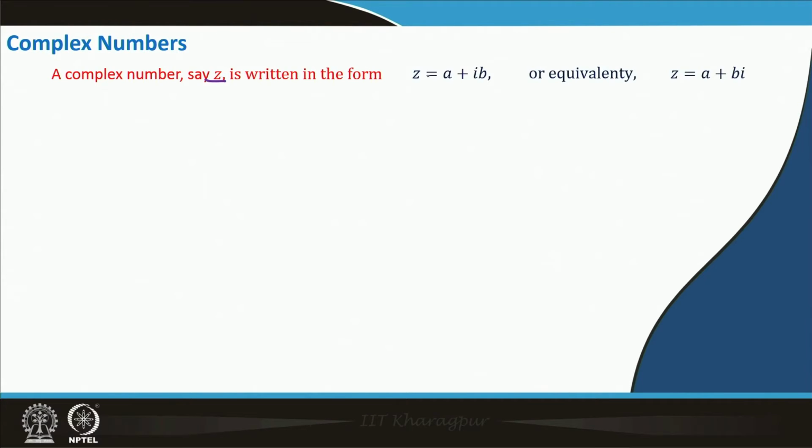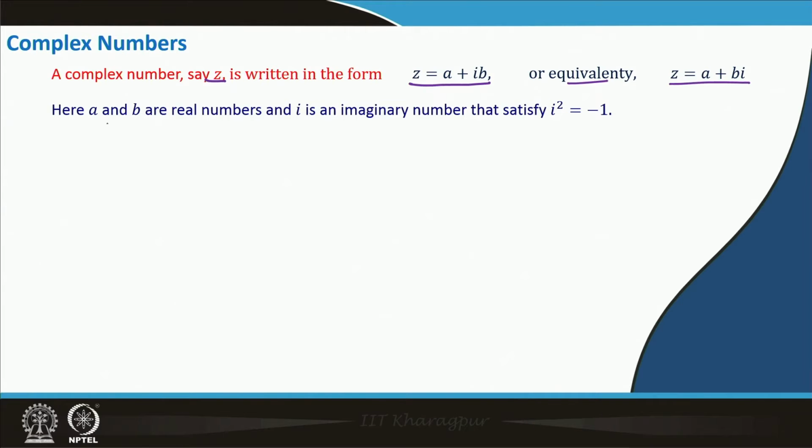So, coming back to the complex numbers. A complex number we usually denote by z. This is written in the form z equal to a plus i b, or equivalently we also write z equal to a plus b i, where a and b are real numbers and i is called the imaginary number, which satisfies i square equal to minus 1.